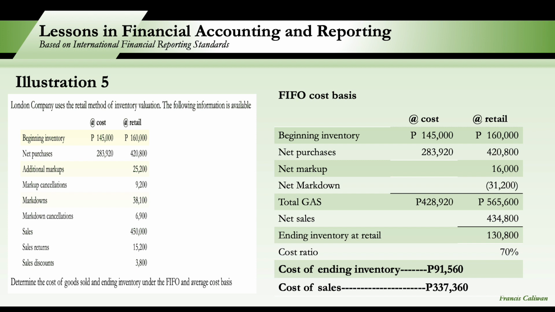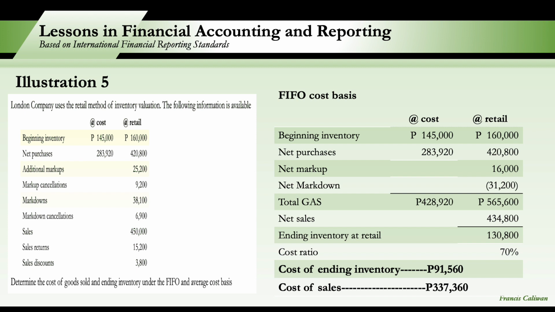And then we have net markup. That's additional markups of 25,200 less markup cancellations of 9,200. So net markup of 16,000 added to the retail column. And then we have also net markdown. So net markdown of 31,200.